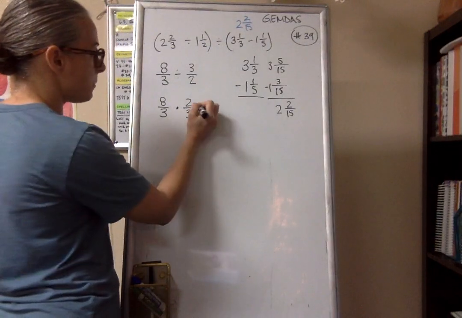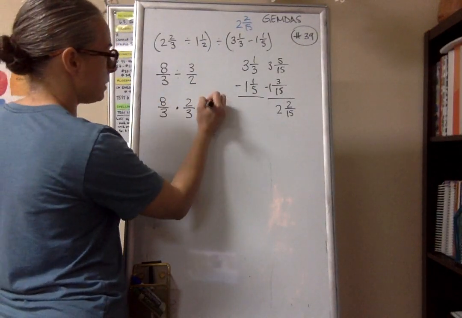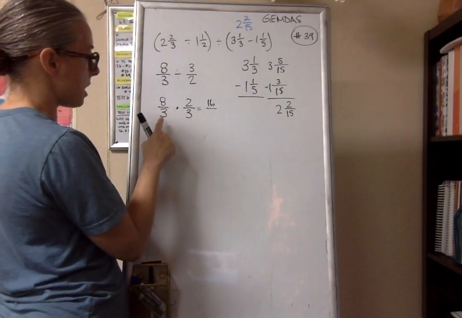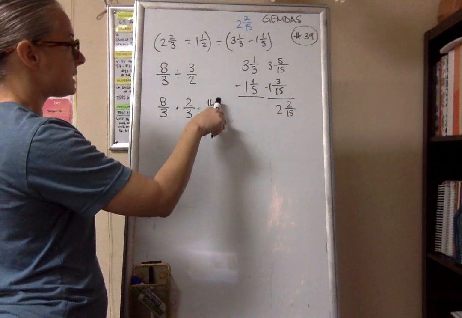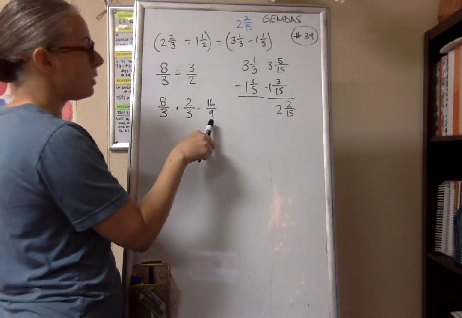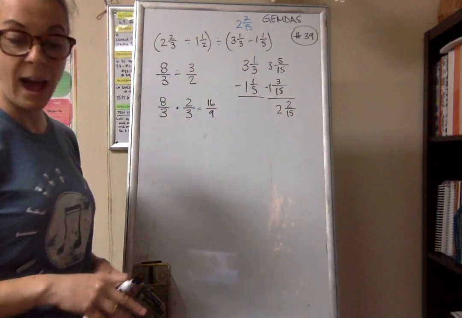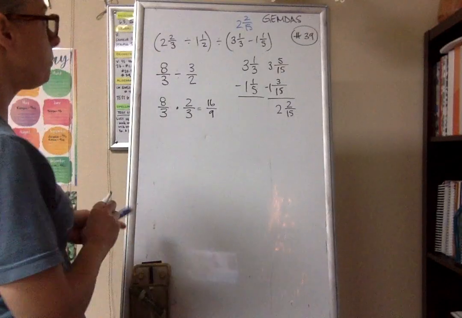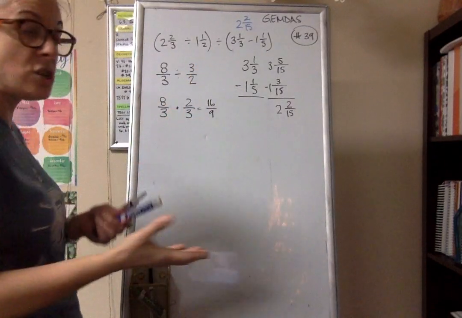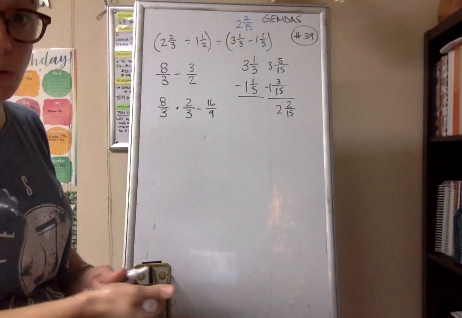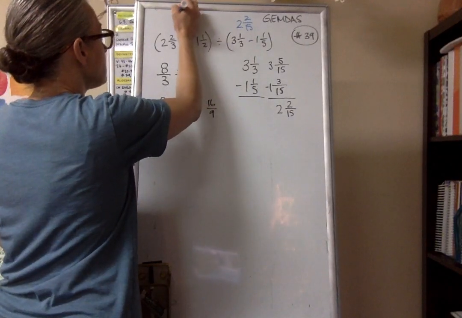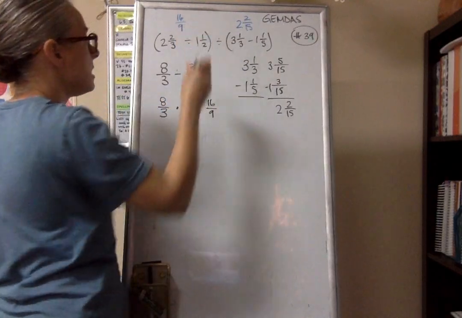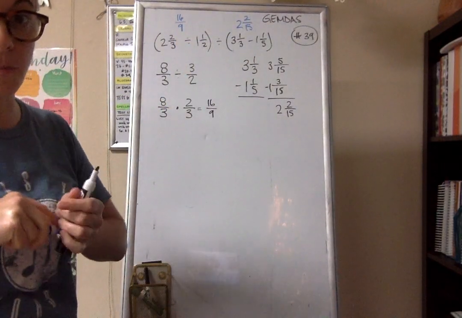So we're going to multiply our numerators, 8 times 2, and get 16. Multiply our denominators, 3 times 3, and we'll get 9. So we have 16 over 9. And then we can rename that, but we don't really have to rename it because the next step is going to be division, and I'll just be turning it right back to an improper fraction again. So I'm going to write 16 over 9 above that first set of parentheses.